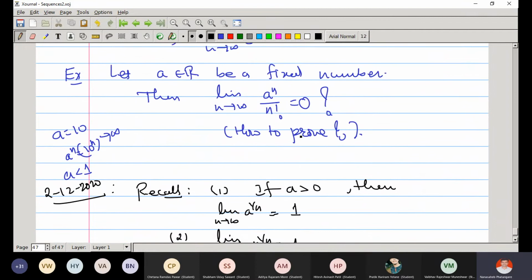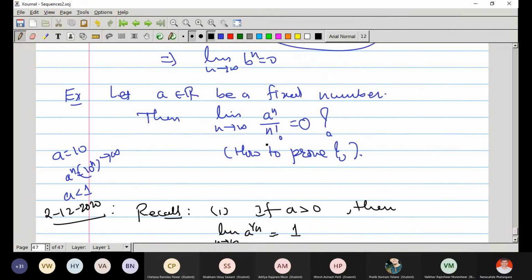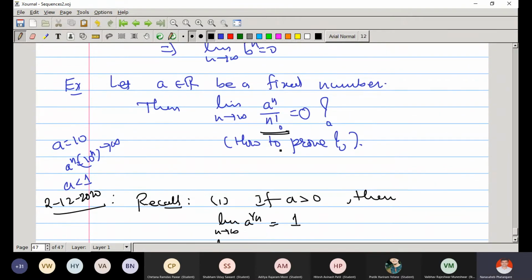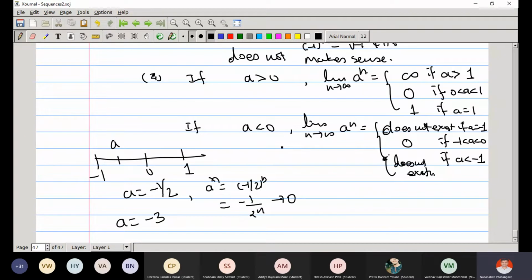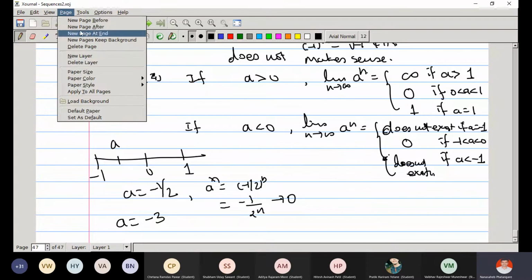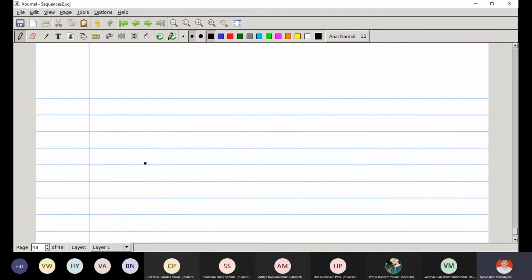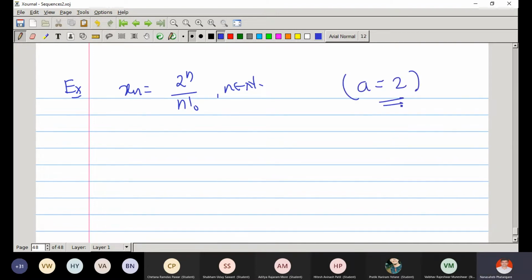Anyway, this problem we were talking about yesterday, a raised to n upon n factorial. So let us simplify this problem and see what happens. For example, xn is equal to 2 raised to n upon n factorial. That means I am replacing a by 2 for a particular a.